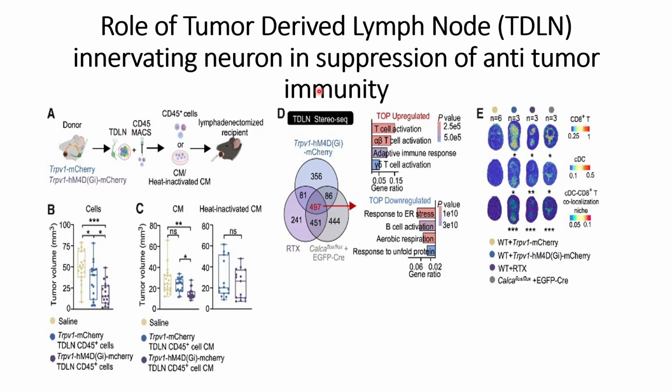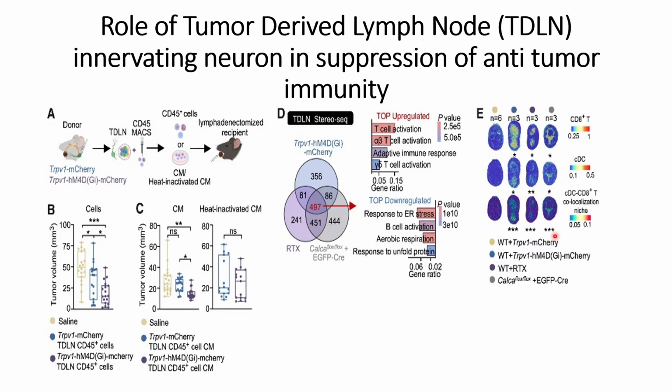The immune cells help in tumor suppression, but in the case of the innervating neuron, CGRP, for example, will prevent this, and we can see that in the absence of CGRP there is an increase in the effect. Similarly, in the absence of the chemogenetic reagent, the innervating neuron can result in suppression of anti-tumor immunity, as the immune cells go down.